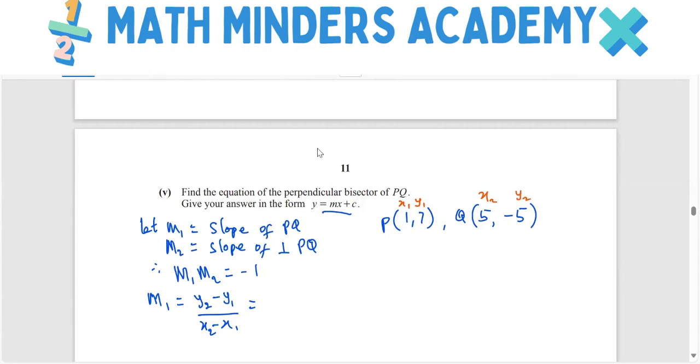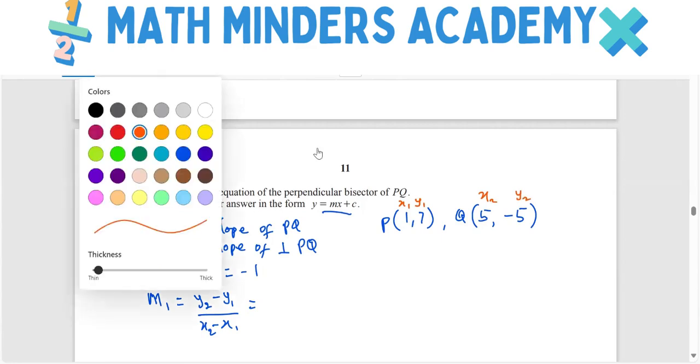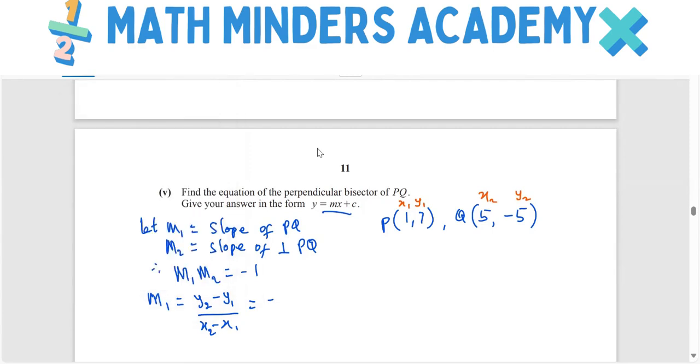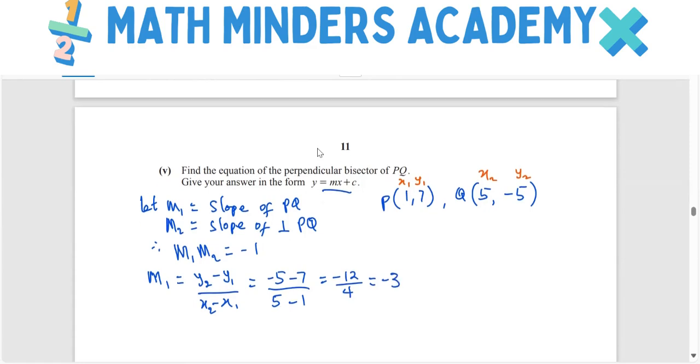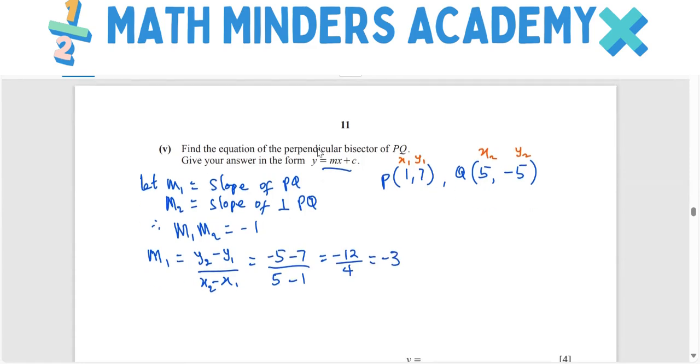So we put in minus 5 minus 7, all over x2 is 5, x1 is 1. This gives us minus 12 over 4, which gives us minus 3.